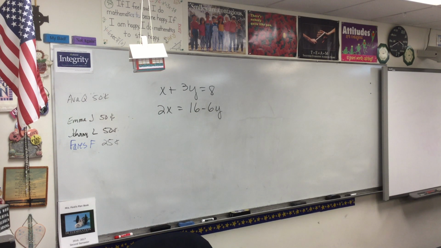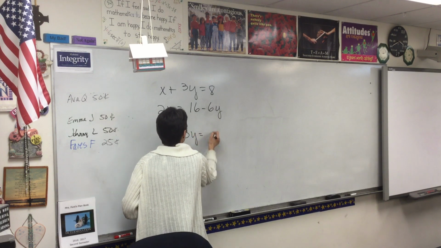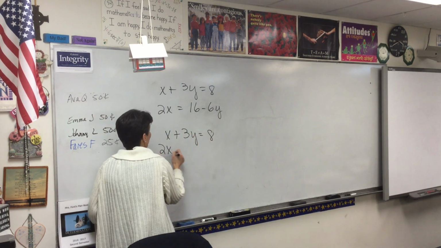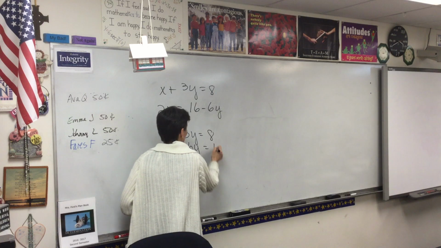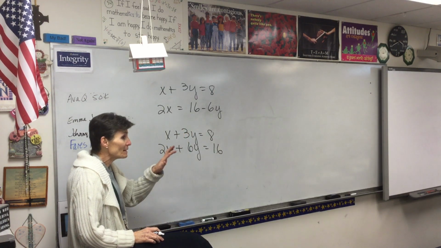So you're suggesting that we move that 6y over, and I think that's a great plan. So we have x plus 3y equals 8, and 2x plus 6y equals 16. Now we're eliminating.